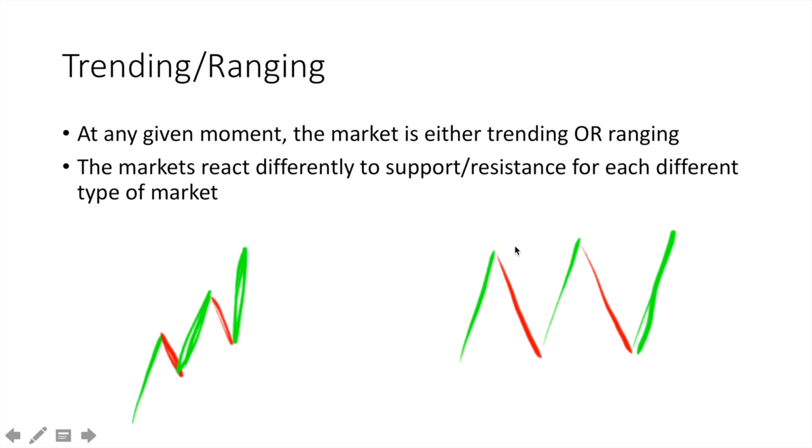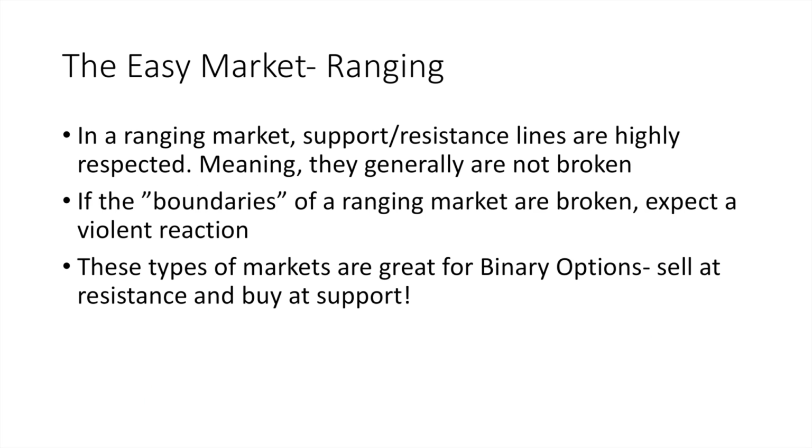Likewise, in a ranging market, support and resistances are really respected, meaning they're generally not broken, otherwise the market would be trending. So in a ranging market, support and resistance are highly respected, and you can get a high percentage win rate out of these types of trades. And so I'm just going to cover the ranging markets.